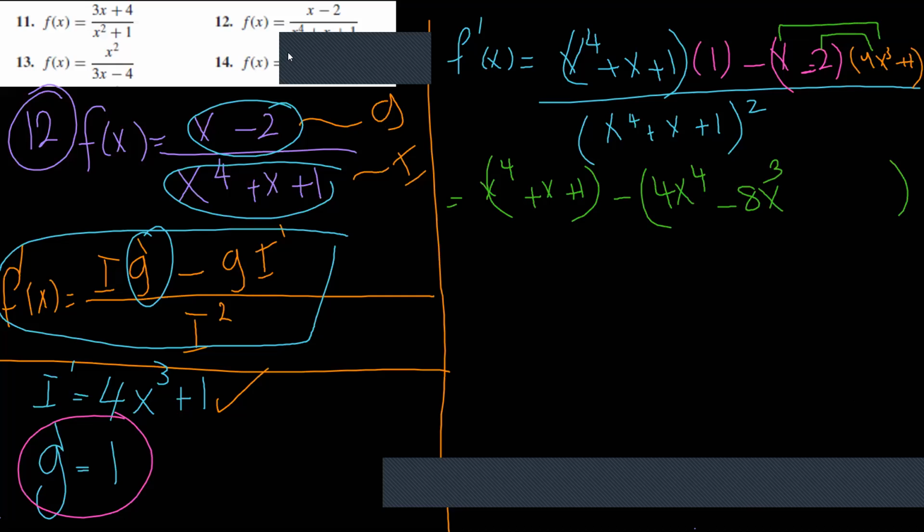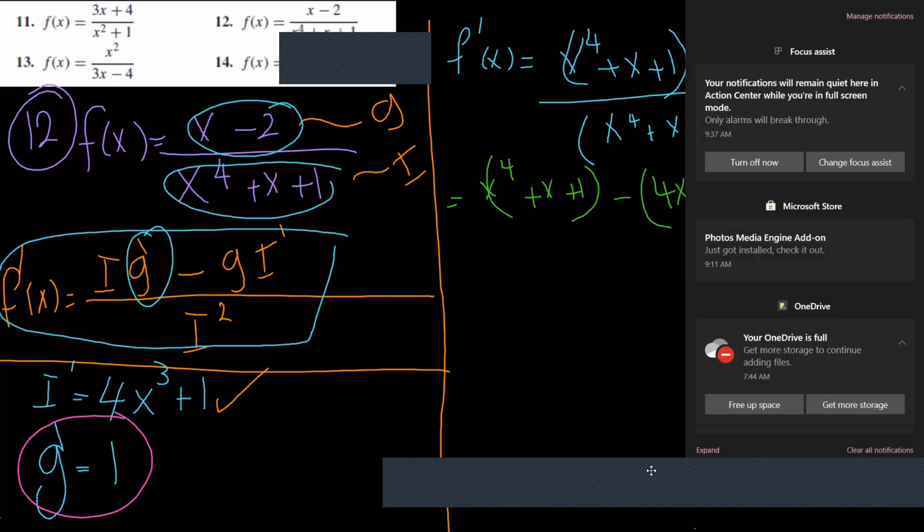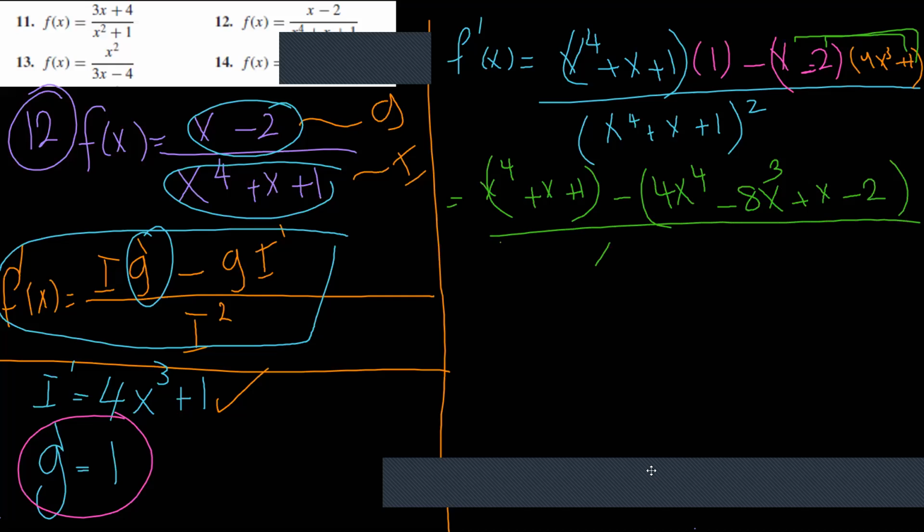Then 1 times x is x, and 1 times negative 2 is negative 2. Over x raised to the power 4 plus x plus 1 squared.